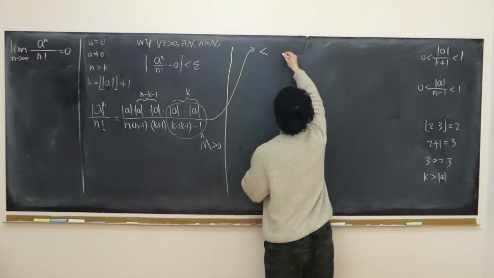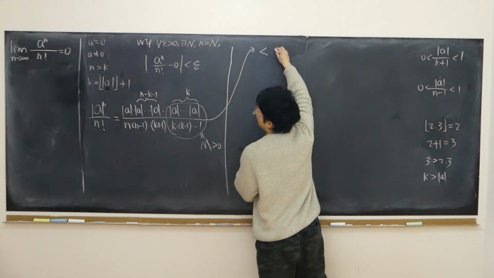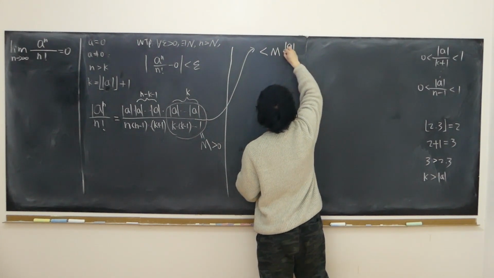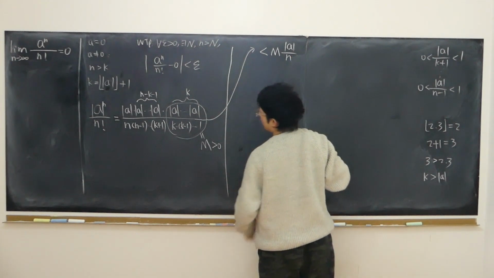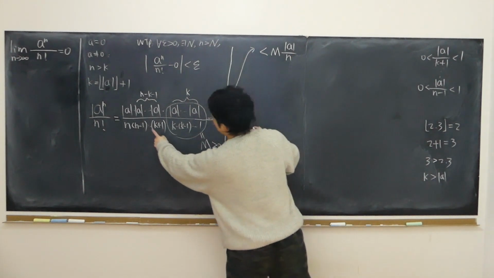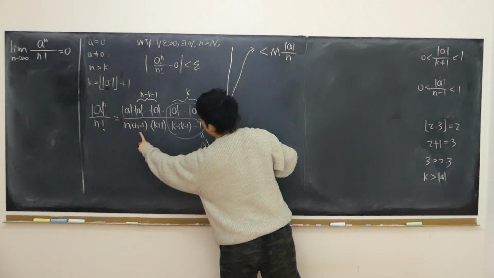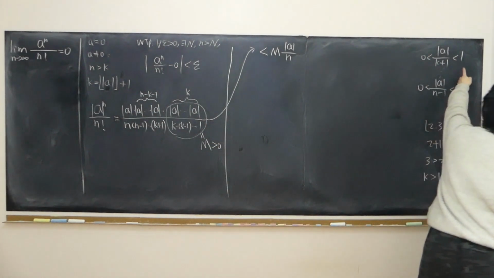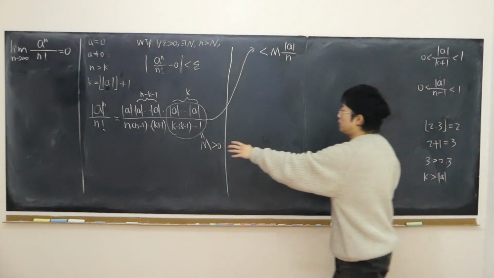Therefore, I have, first of all, M times absolute value of a over little n, right? Because this one, this one, this one, this one, all replaced with 1s, right?